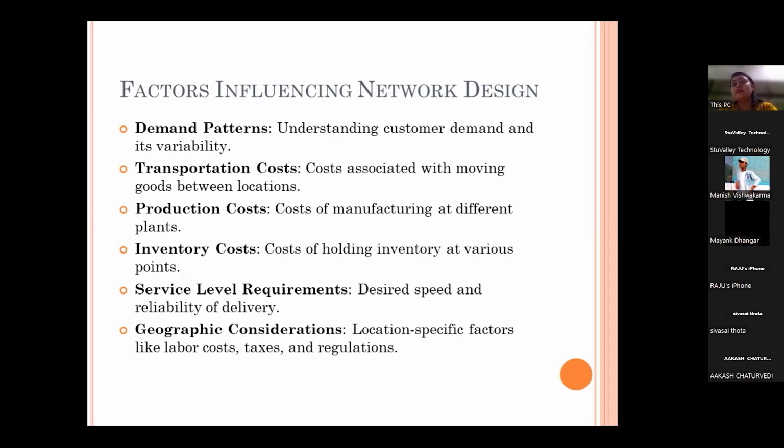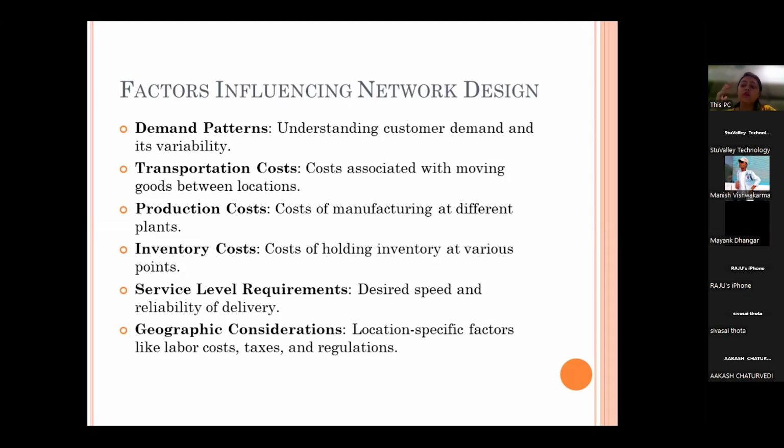Because the labor cost in India is very cheap compared to places like America, the USA and Europe. This comes under geographical considerations. Taxes also matter: when MNCs come to India, they get tax relaxation from the government.